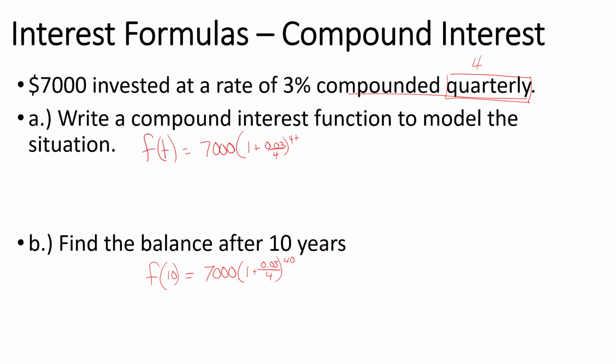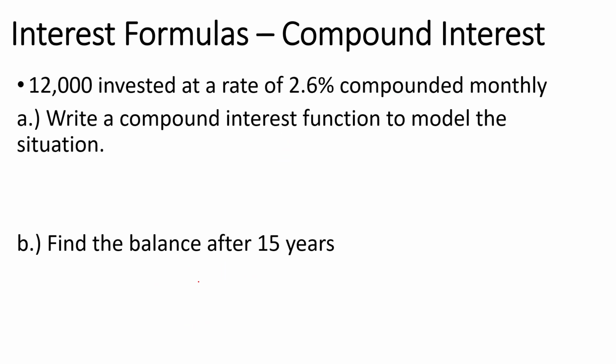And so you can plug all of this into your calculator. 7,000 times 1 plus 0.03 divided by 4 raised to the 40th power. And you will end up with f of 10 is equal to $9,438.44. That's not a bad return.